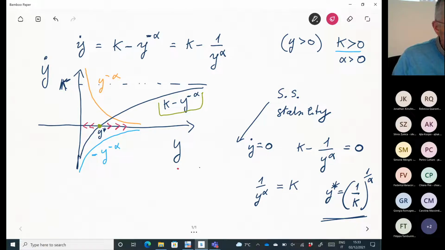Interesting interpretation. I mean, mathematically there is nothing, this is a power function, okay, plus a constant. But of course, simple ideas rely on simple functions. So there is an economic interpretation which is interesting. Remember that you have typically here a flow, because it is a time derivative, okay?